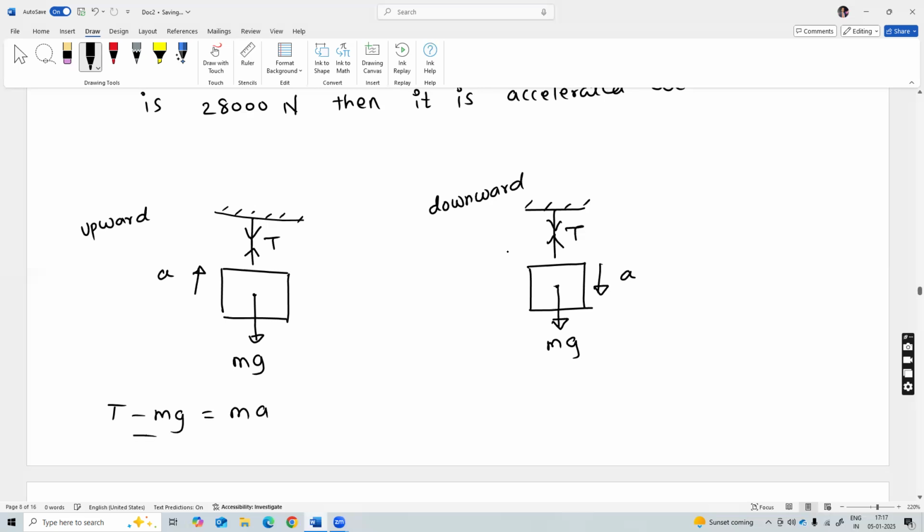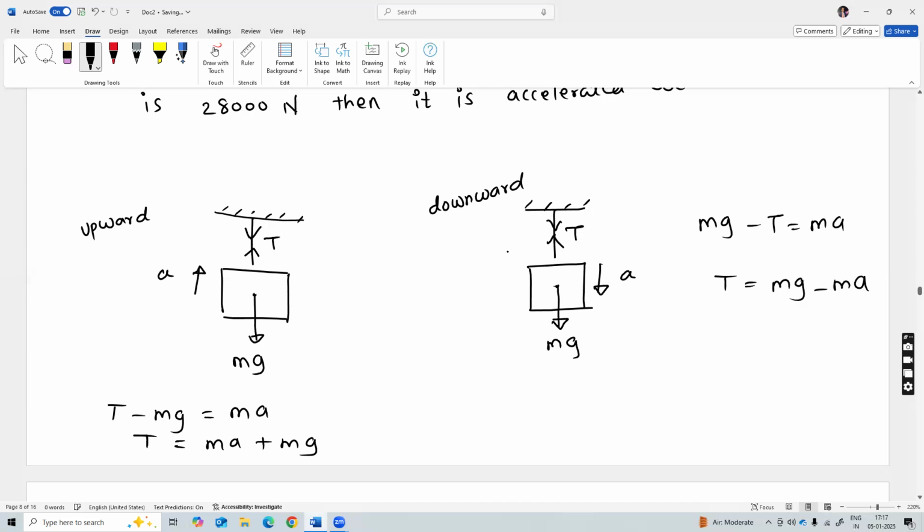So you get tension in the lift cable is basically ma plus mg. In the second case where the lift is moving downward, forces in the downward direction are positive. So mg minus T is equal to ma. So here you get T is equal to mg minus ma.